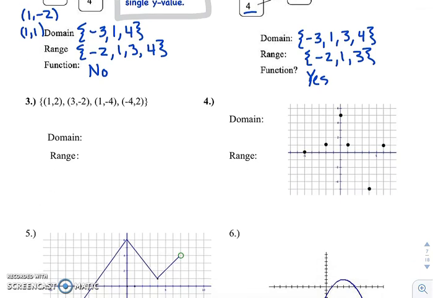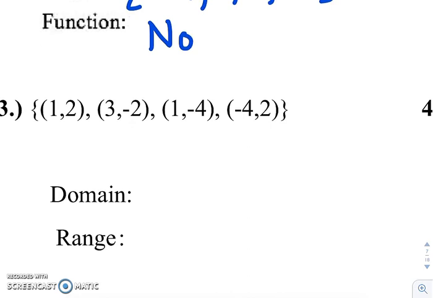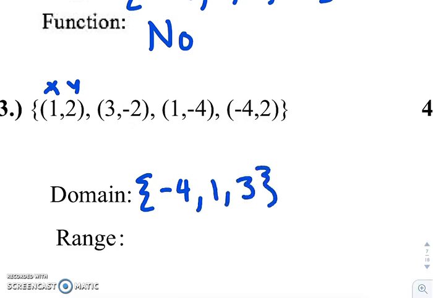So number 3, domain are your x values, the first point in the ordered pair. Y is the second point in your ordered pair. So domain is -4, 1, and 3. If it's listed more than once, we don't have to list it more than once. And then the range, 2, -2, -4, and 2.